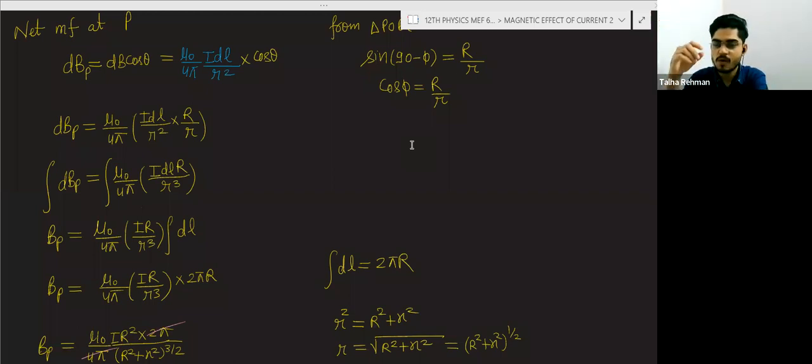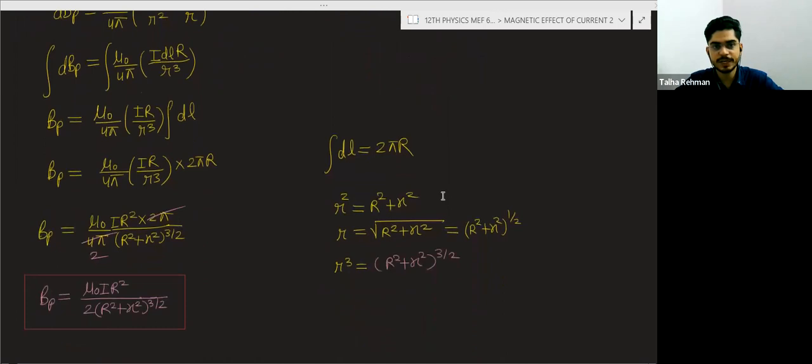Means for each dl there is a magnetic field, and there are an infinite number of dl, so we cannot add those magnetic fields manually. We will use a mathematical tool, integration.